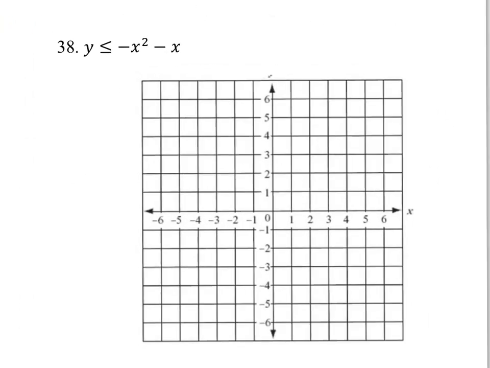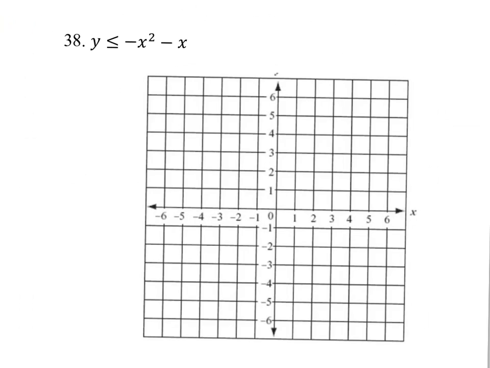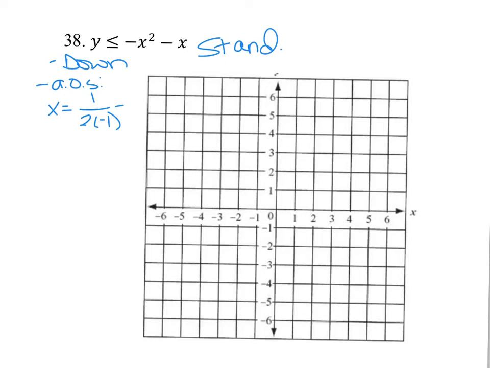I come over to do 38. 38 is in standard form. So it opens down. To find my axis of symmetry, I will do x equals the opposite of b, so it'll be 1 over 2 times -1, which is 1 over -2, so x is -1/2.